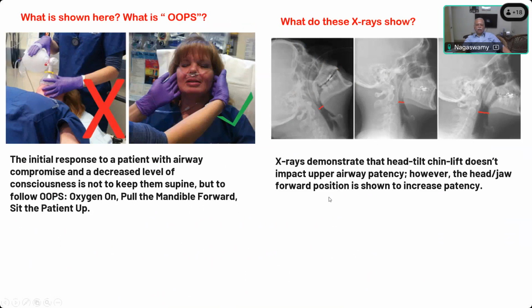However, the head and jaw forward position, so just like this, to try to pull the entire jaw forward, will give a better diameter opening of the airway. So we were all thinking all these days that only head tilt and chin lift will open up the airway. They have proved with an X-ray that it does not increase the diameter. On the contrary, the head and jaw forward position is shown to increase the patency.